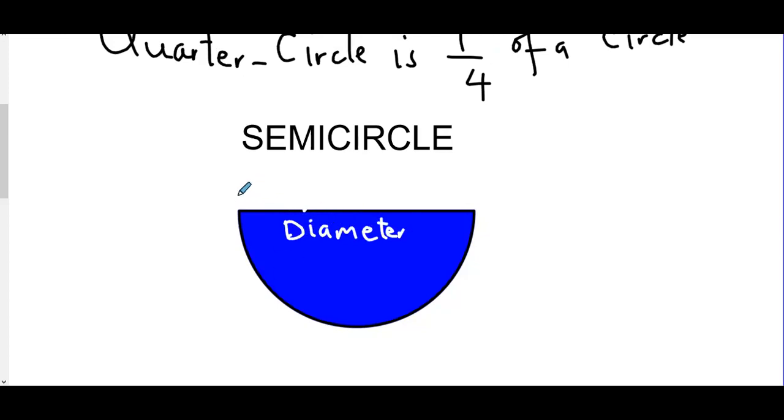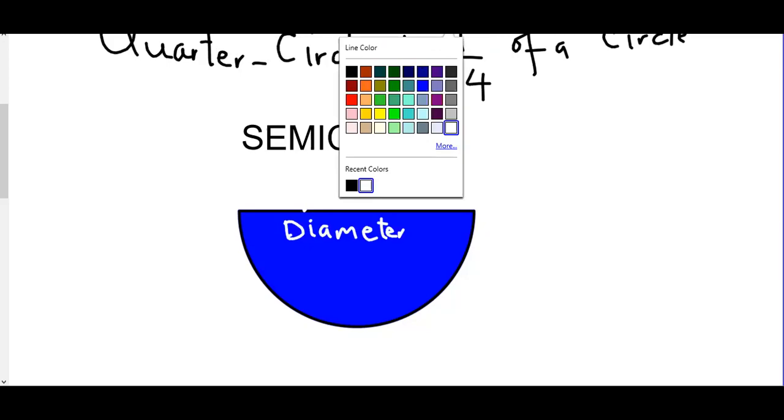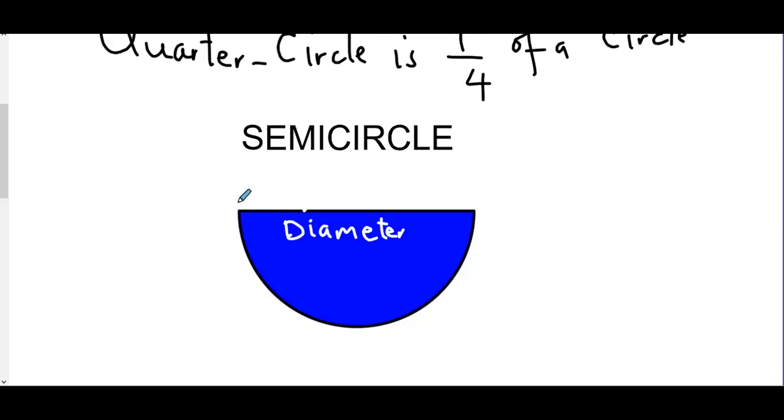So the diameter is the flat part of the semicircle, and the distance from this point here to this point here is what we call the diameter.